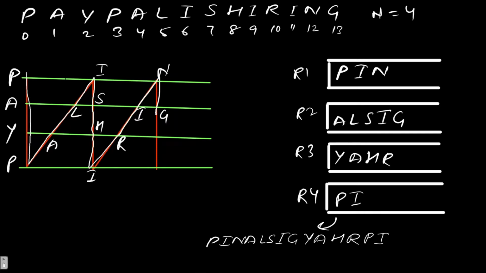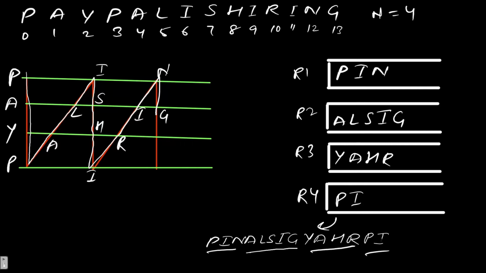Then you can see in the first row there are three characters, that is PIN, and in the second row there are five characters, ALSIG, and in the third row there are four characters, YAHR, and in row 4 there are only two characters, that is PI. So we will be appending all the characters of the first row first, then all the characters of the second row, ALSIG, and at last YAHR and PI.